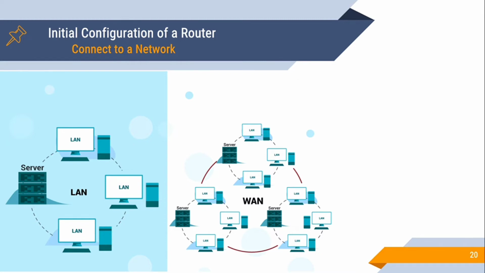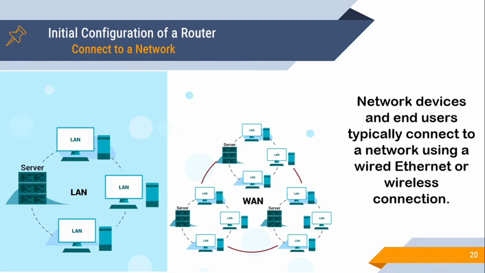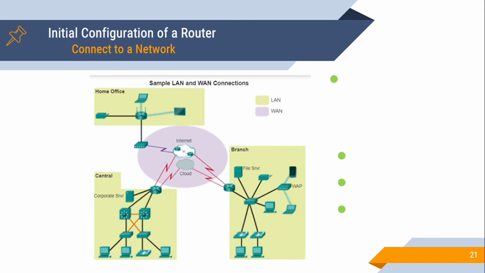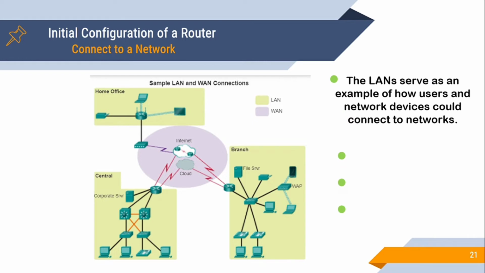Network devices and end users typically connect to a network using a wired Ethernet or wireless connection. Refer to the figure as a sample reference topology. Also, the lines in the figure serve as an example of how users' network devices could connect to the network.